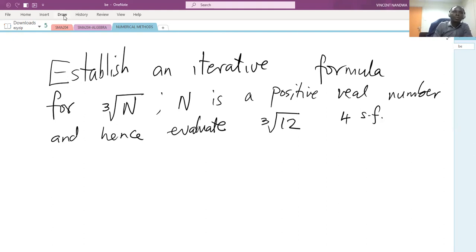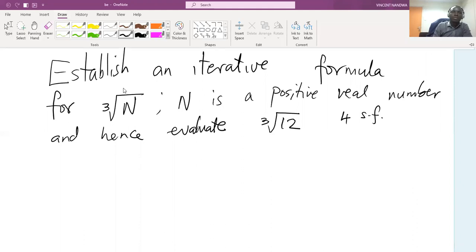So this problem is simply testing on the application of the Newton-Raphson method.